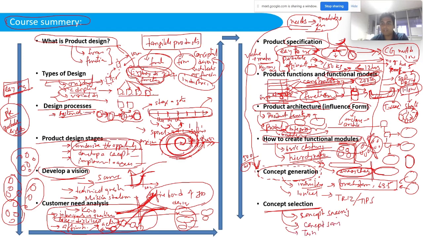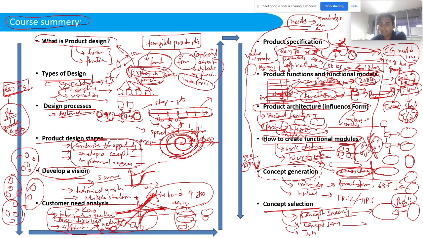For concept screening, when we have large chunks of concepts, based on certain references we try to select some of the concepts. A metric that we can use is Pugh's matrix.